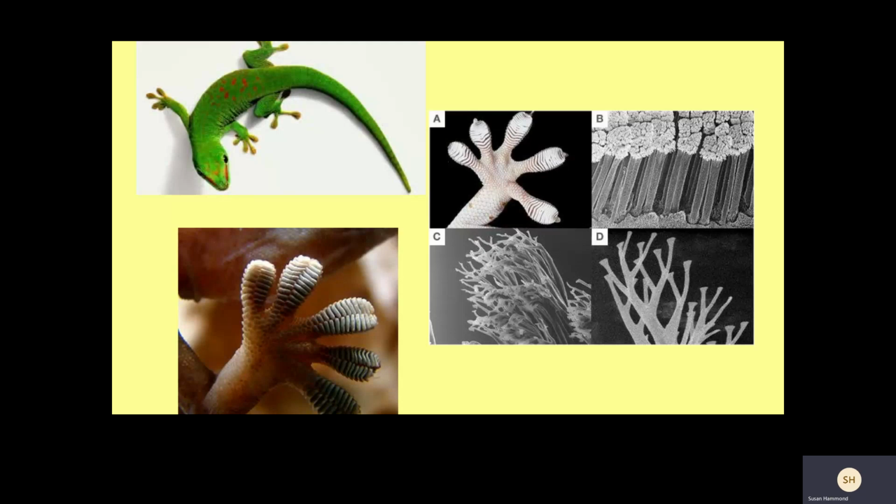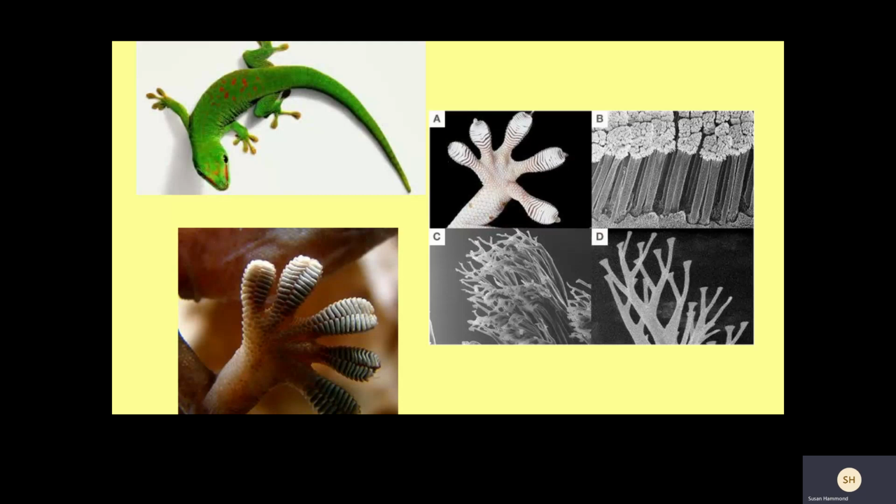And D is a magnification of the end of the hairs. By the time you're magnifying again, if you look at D, if you magnified these ends, you're going to need an electron microscope, and we're getting down to molecular level. These are also bendy. So what happens is when the gecko puts its foot on a surface, these can bend so that as much as possible is actually in touch with the surface.